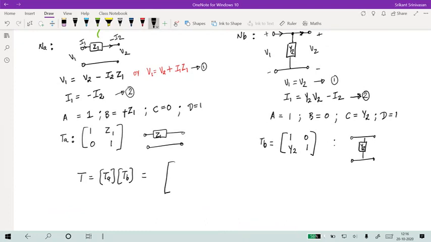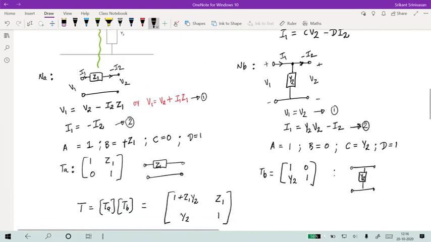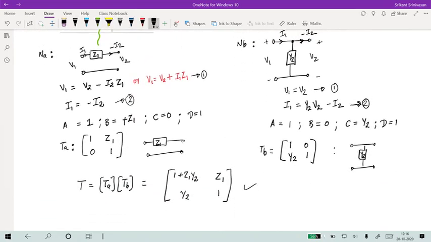If I multiply these two matrices, I'm left with 1 plus Z1 Y2, then the next one is 0 plus Z1, then 0 plus Y2, and the last is 1. Is this what was asked? 1 plus Z1 Y2, Z1, Y2, 1, great. So we've got the right answer.